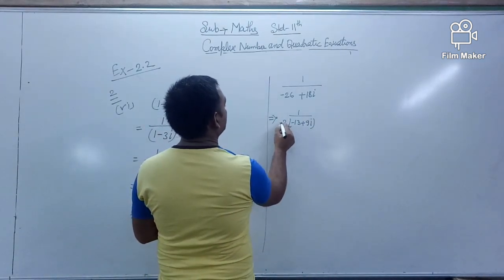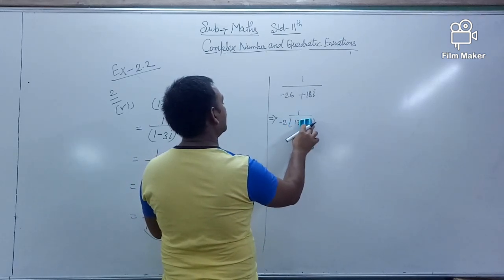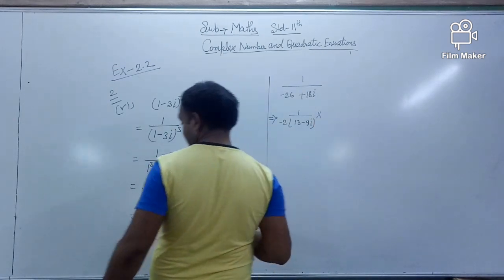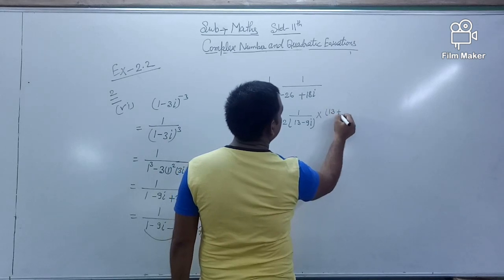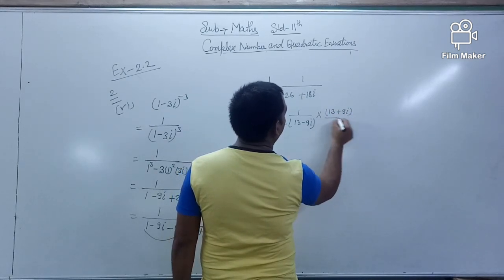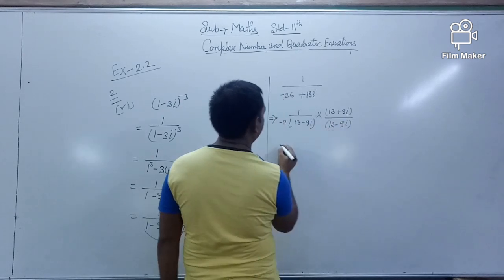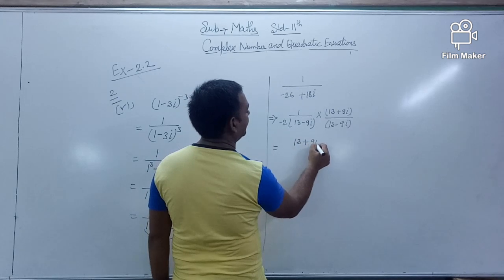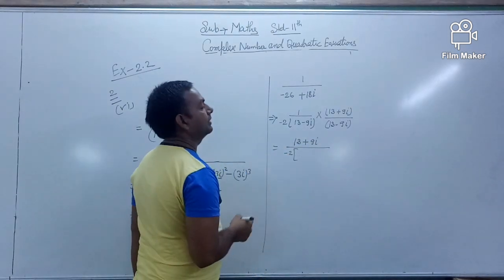Here you take minus 2 common, so this is equal to plus and that is equal to minus. After that you take the conjugate, so this is 13 plus 9i upon 13 minus 9i.